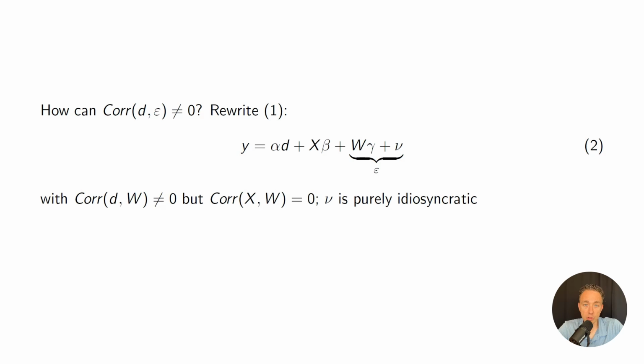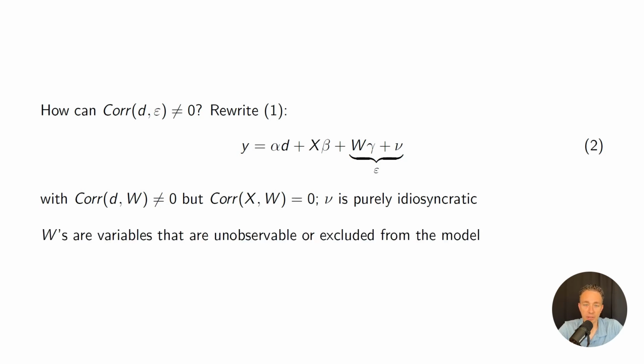And for now, we'll assume that X and W are uncorrelated, and we can just assume that nu is exogenous to everything. So the key idea here is that we have these W's that are unobservable to us, or that we chose not to include in the model.